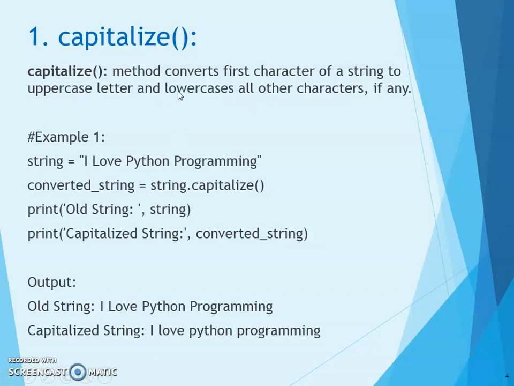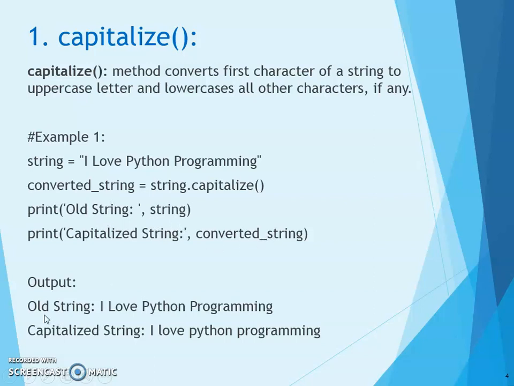To invoke this method, it will be called by writing this object, that is string, dot operator and the name of the method. No parameter is passed to this method, so it is an empty round bracket. This converted string is stored in converted_string, and here we are printing the original string and the converted string.